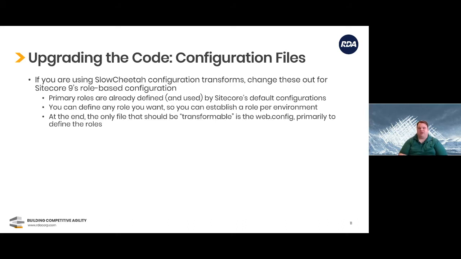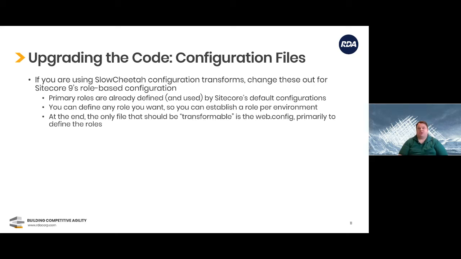So if you go in the web config, you'll see the roles that are already defined: content management, content delivery, indexing, reporting, etc. You can add any role you want to that. So I always add one for the environment: local, QA, stage, prod, whatever. But it should get to a point where the only file you need to transform is the web config. And that's just mainly to define the roles. There are other changes you probably don't do to the web config, but the biggest one is to define which role you are using.